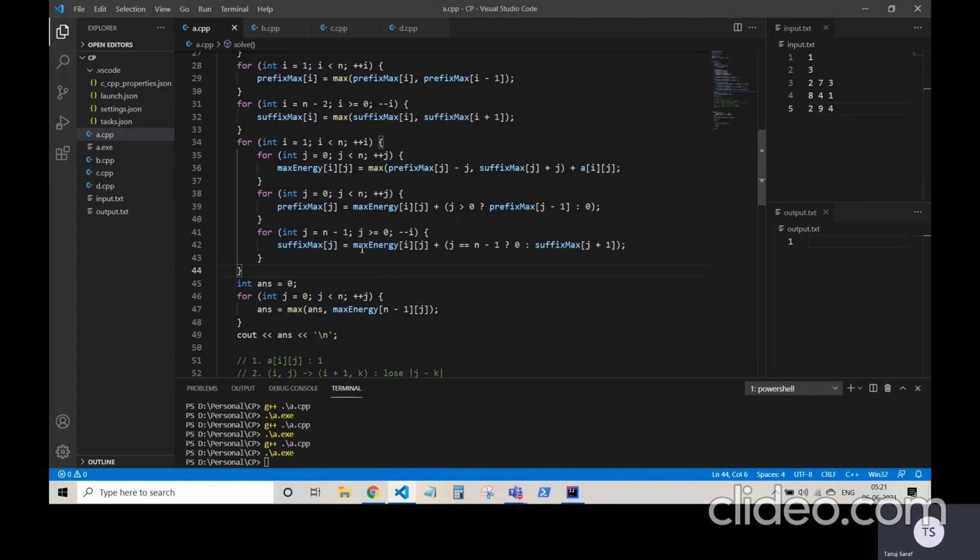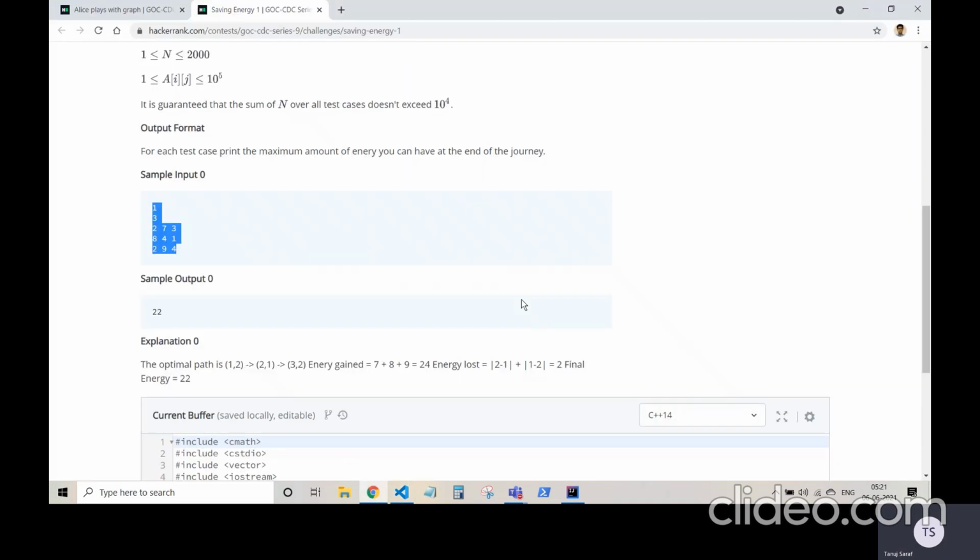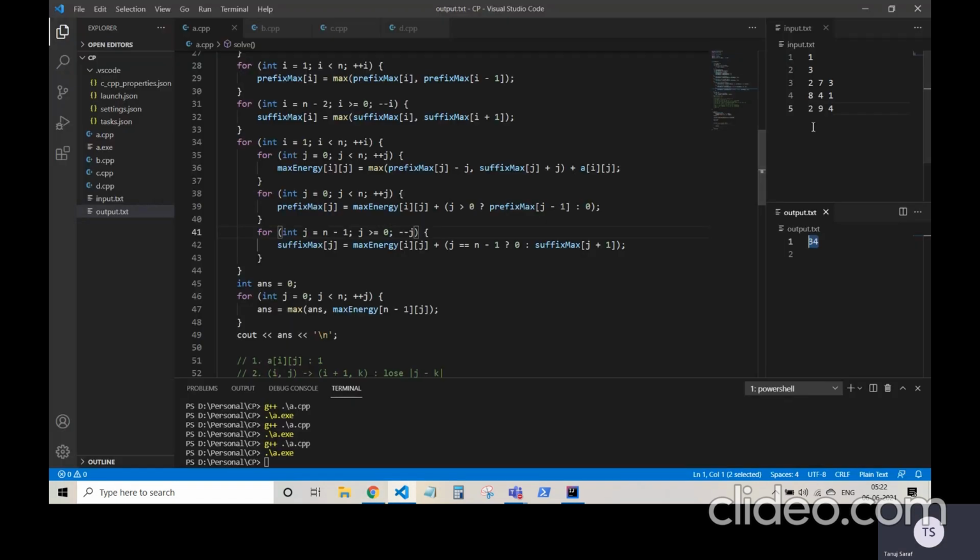J is equal to n minus 1. So if it is so, then we take 0. Otherwise, we take the suffix max of j plus 1. Okay, sorry. Okay, so now the answer is coming as 34, and the correct answer is 22.